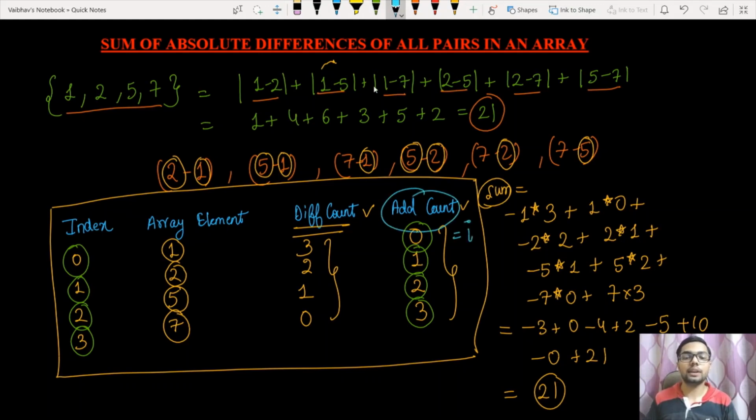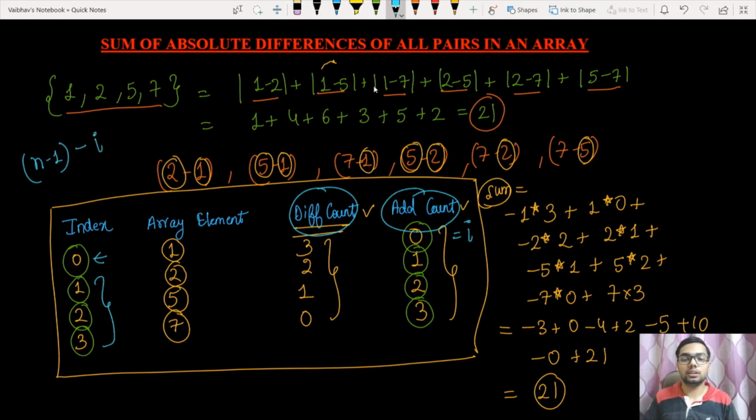Now how can we calculate the number of times an element is getting subtracted? We know that if we are standing at a particular element, there are n minus 1 other elements present inside this array. Now the number of times it would get subtracted would be equal to the number of available options minus the number of times it has been added.